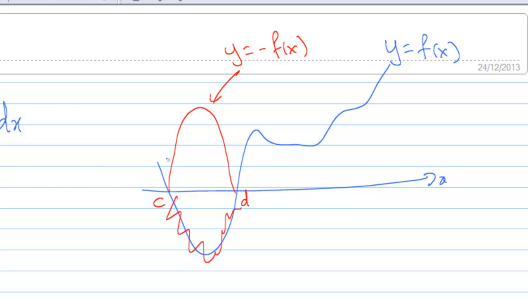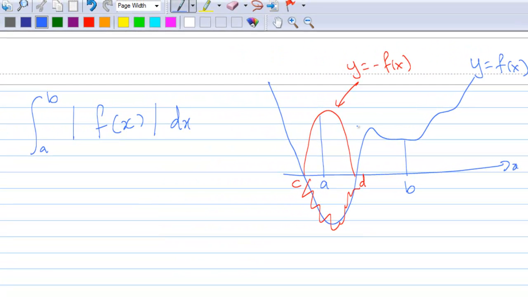So for example, if, let's say, a is between c and d and b is greater than d, the definite integral refers to the area under the graph bounded by the graph and the x-axis. We will understand that the area described by the integral is this portion.